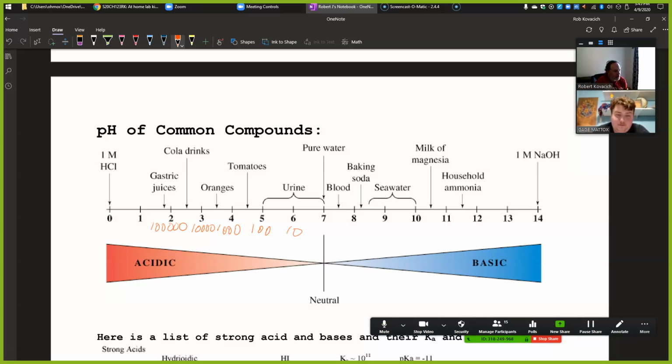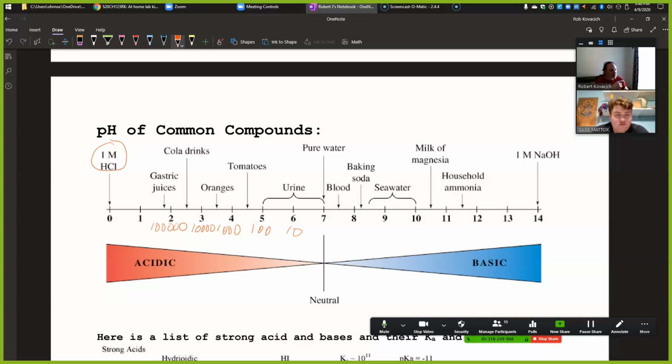So shotgunning a Coke, that's why it's painful. It's not even 10 times less acidic than puke. And you guys use this in lab the first 2 quarters several times. So the cola is 100 plus times more acidic than 1 molar hydrochloric acid.